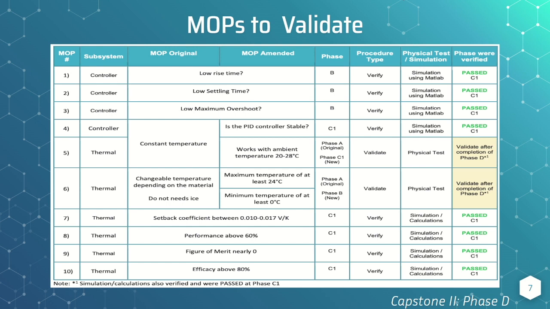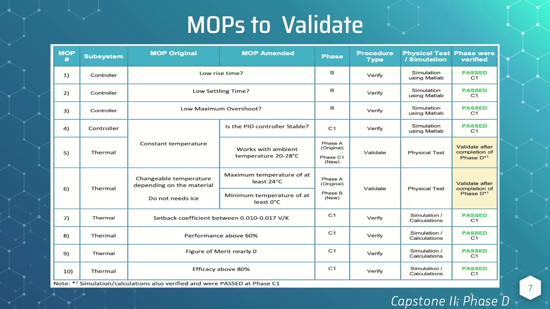Continuing with the thermal subsystems, we have that the Seebeck coefficient should be between 0.010 and 0.077 volts per kelvin. The performance should be above 60, figure of merit nearly 0, and the efficiency above 8%.